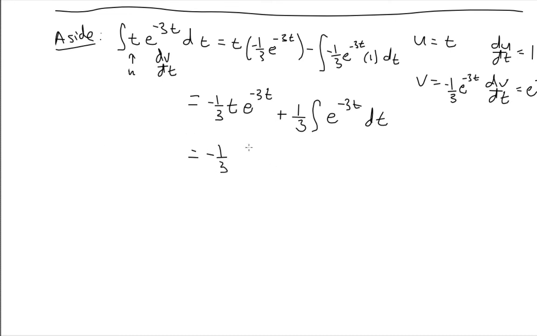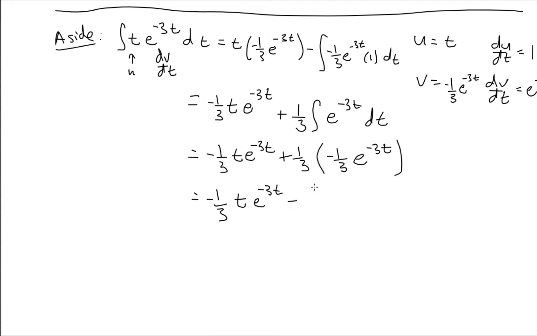So that's negative 1/3 t e to the negative 3t plus 1/3 times the antiderivative of e to the negative 3t, which is negative 1/3 e to the negative 3t. Cleaning that up: negative 1/3 t e to the negative 3t minus 1/9 e to the negative 3t.